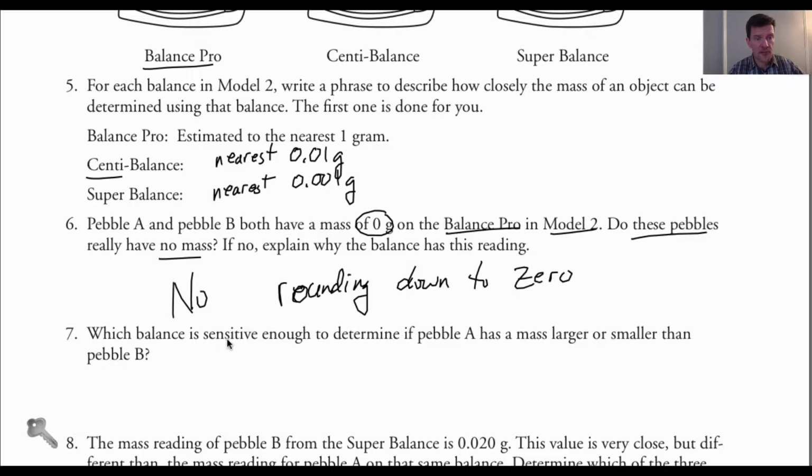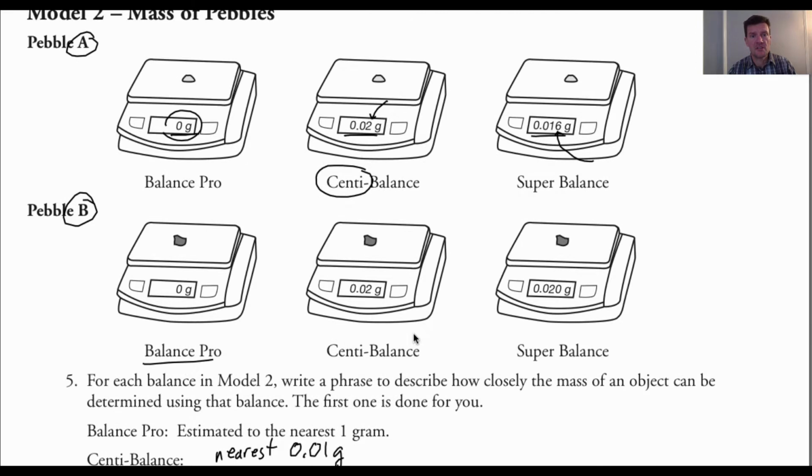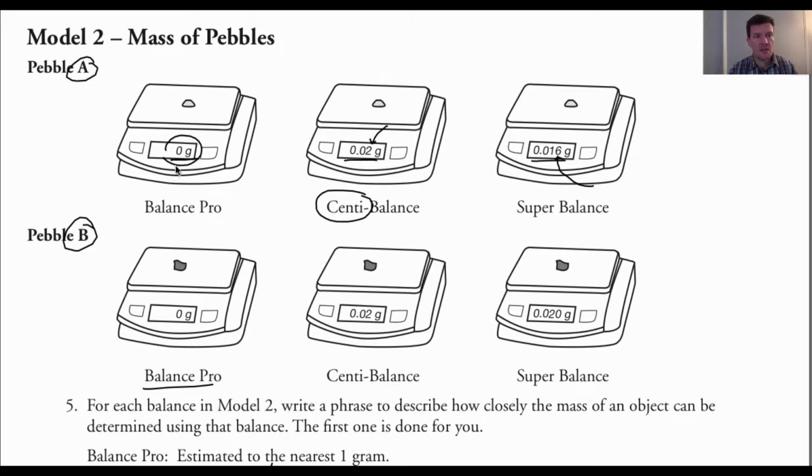Number 7 here. Which balance is sensitive enough to determine if Pebble A has a mass larger or smaller than Pebble B? So let's compare here at this place where we put the 2 different pebbles, Pebble A and Pebble B, on the Balance Pro. They look like they have the same mass. They're both 0. Well, we know they're not 0. It's just that it's rounding off to 0. In the centi balance, they both have the same mass.